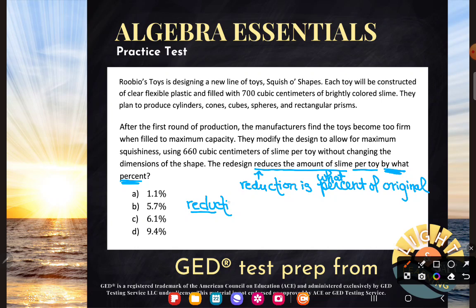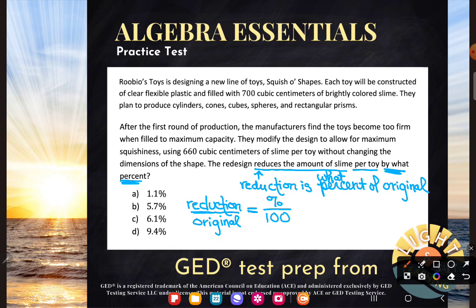The decrease is another way to put it, or sometimes I just say the change over the original. And you can set that equal to a percent ratio, right? A percent is always a number out of 100.